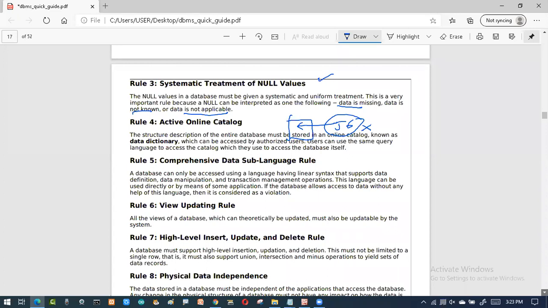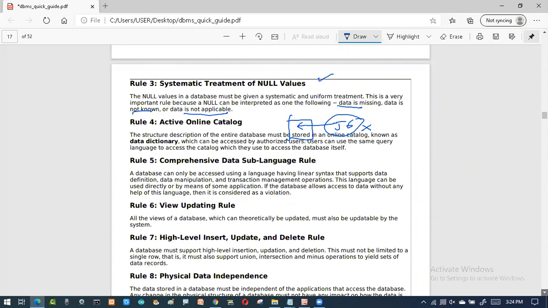Like that, you maintain a brochure, which we call a catalog. That catalog is maintained, and whenever I need, I retrieve it. Such information about the entire database can be stored online, known as the data dictionary.